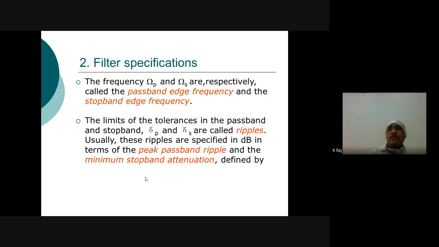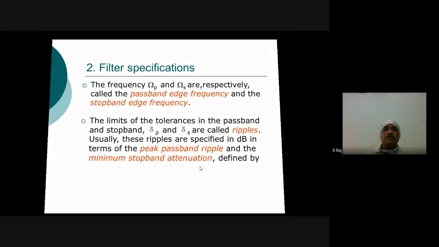The limits of the tolerances in the passband and stop band are delta p and delta s, and these are called the ripples. Usually these ripples are specified in dB and termed as the peak passband ripple and the minimum stop band attenuation. These are the different notations for defining the different values in the passband and the stop bands.